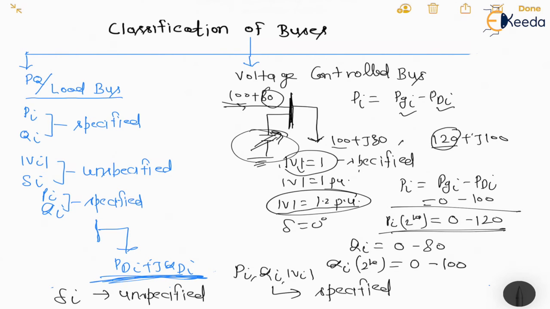In the PV bus, Pi and Vi were specified and Qi and delta i were unspecified. But in the voltage control bus, Pi, Qi, Vi, three quantities are specified and the only unspecified quantity is delta i. So this is the difference from the calculation point of view.